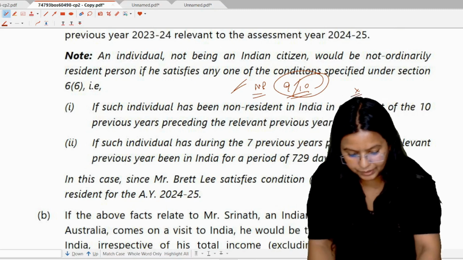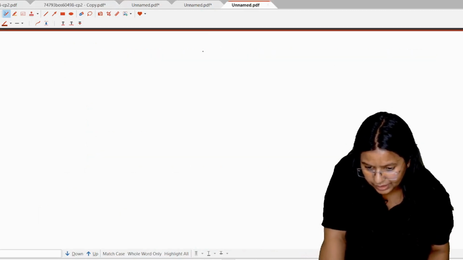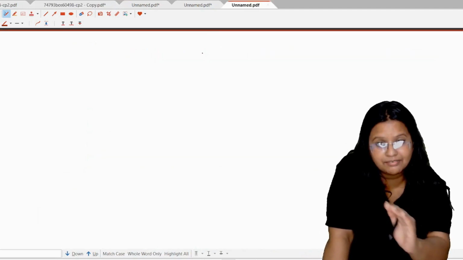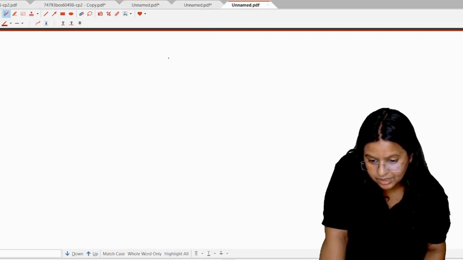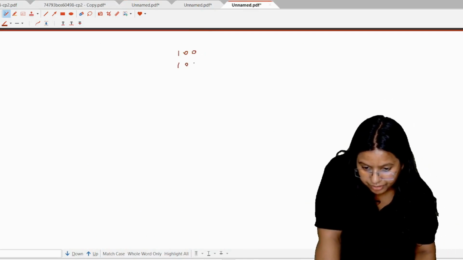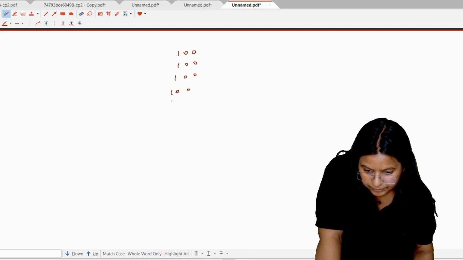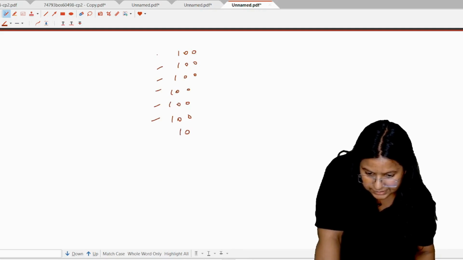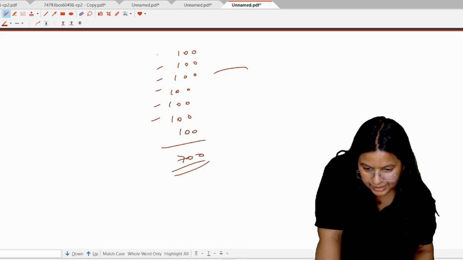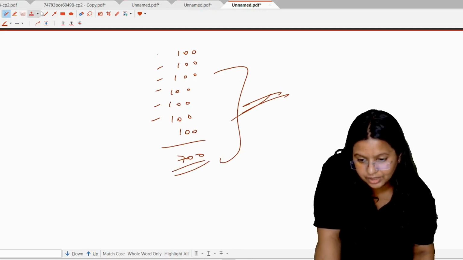Now, calculate the number of days he was in India for the 7 years immediately preceding the previous year. He was in India for 100 days every year. So 1, 2, 3, 4, 5, 6, 7, that is 700 days. It means, students, he is satisfying this condition. How?